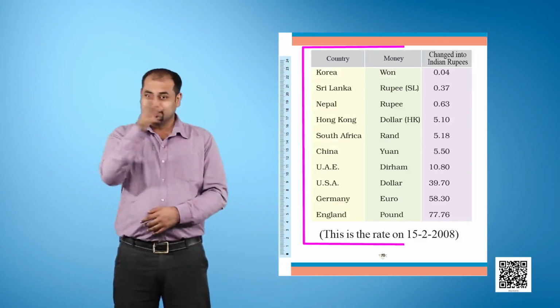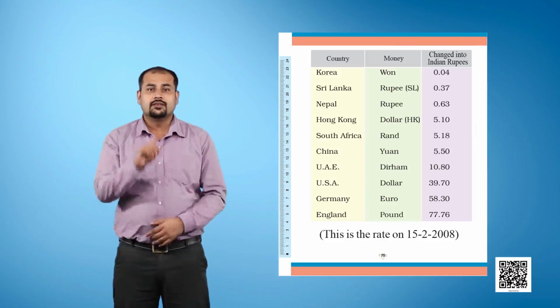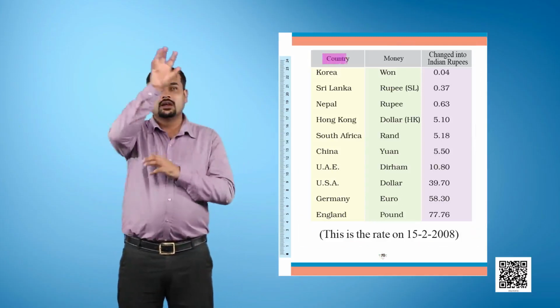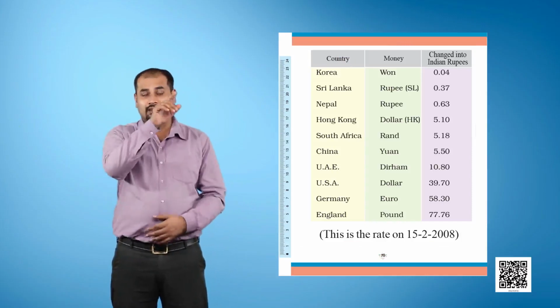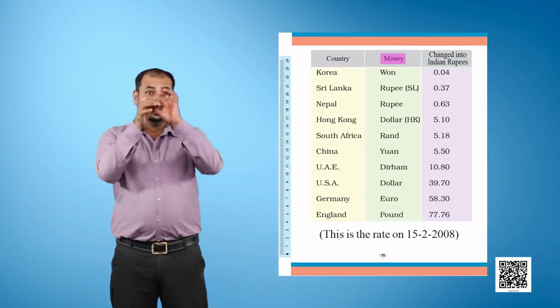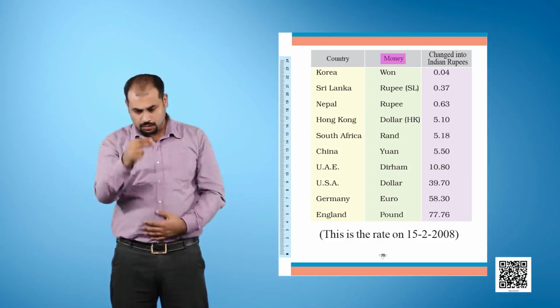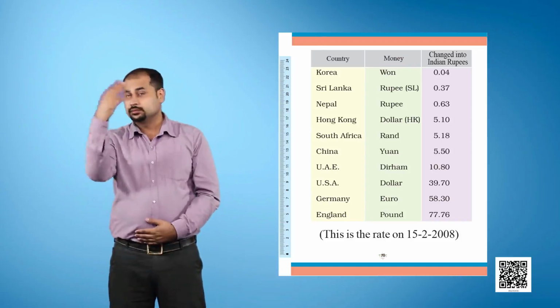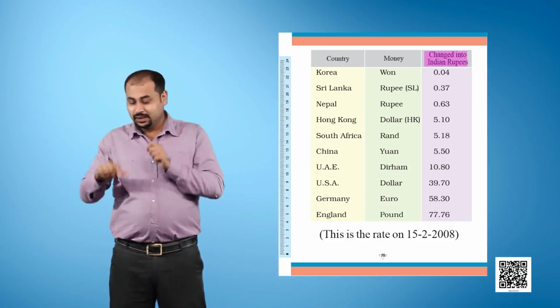There is a 3-column table given below this. Column 1 heading is Country. Column 2, Money. Column 3, Changed into Indian rupees.